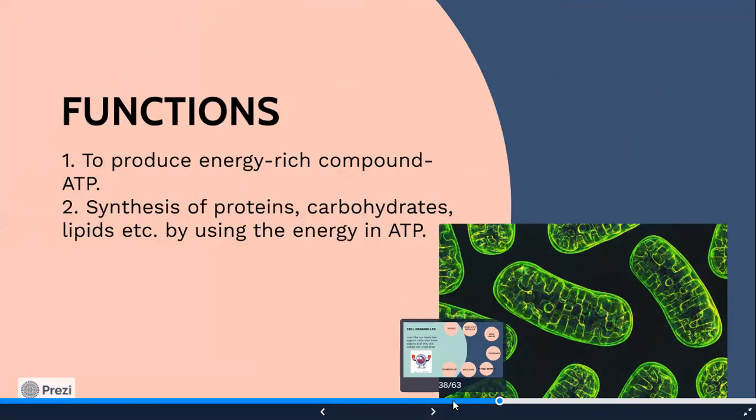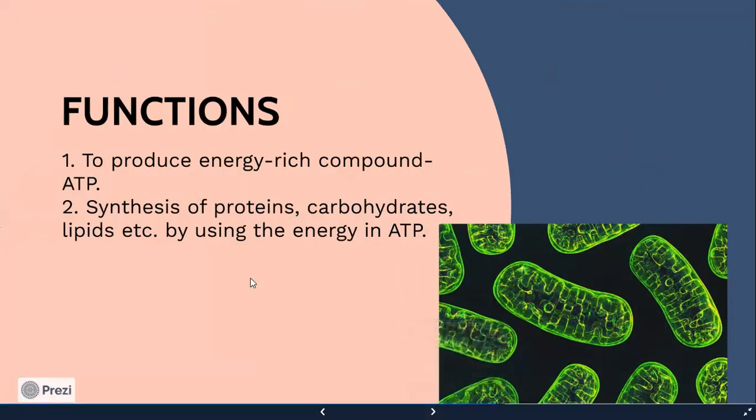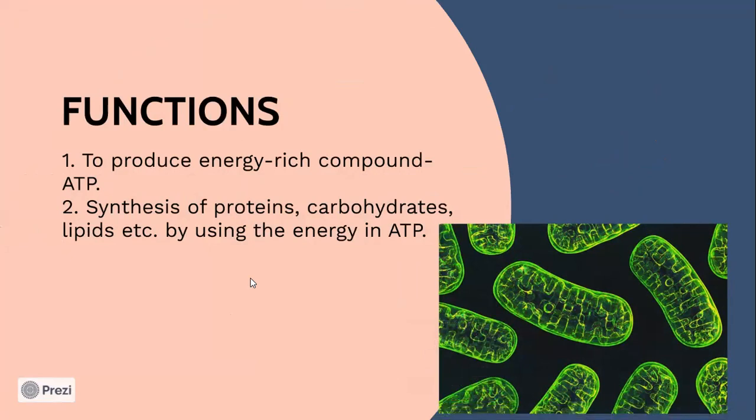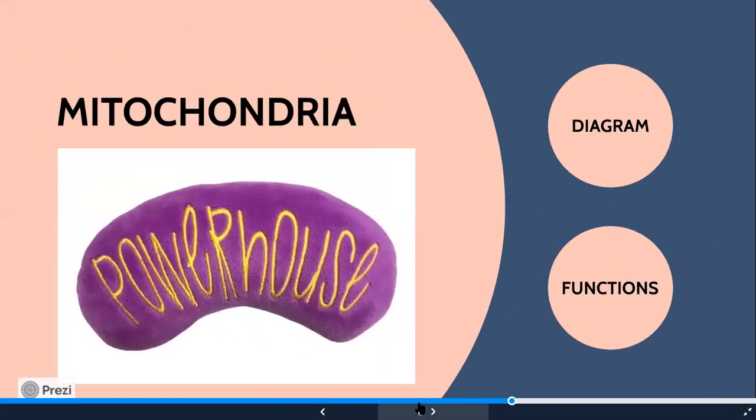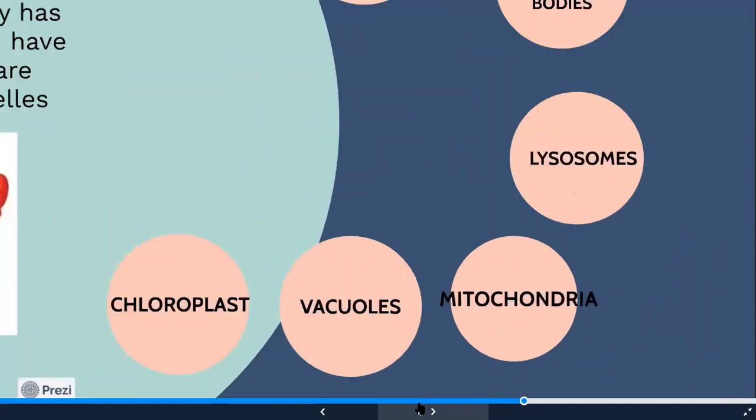So, to produce energy rich compounds, which is ATP, adenosine triphosphate is the full form of ATP, and we really need ATP to make our body function well. So, synthesis of proteins, carbohydrates, lipids, etc., is done by the use of energy in the form of ATP, and that's the main function of mitochondria.